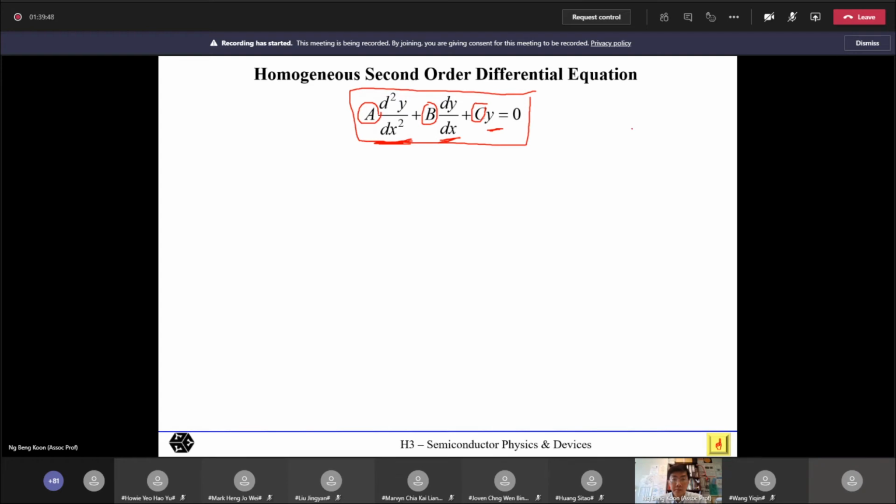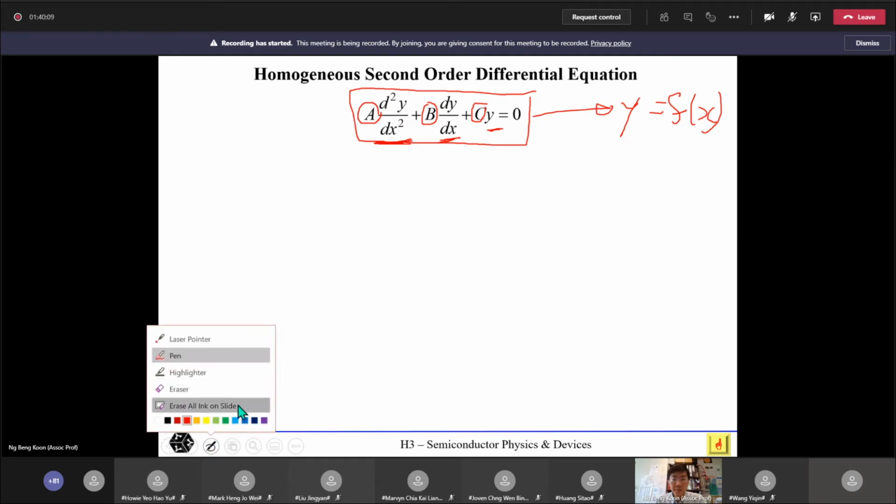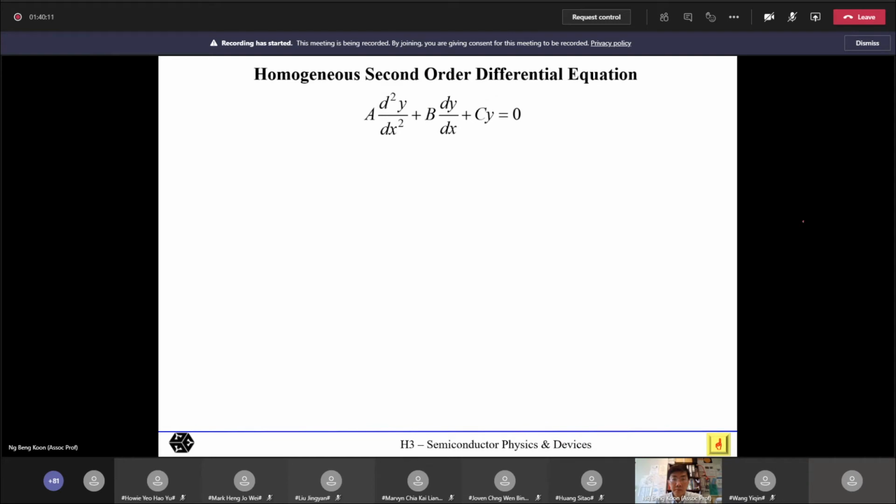So how do we solve this equation? The objective here is to find out what y is as a function of x. In other words, solve for y. Because now you have derivative terms, how do you solve for y? For this type of homogeneous second order differential equation, there's an approach.